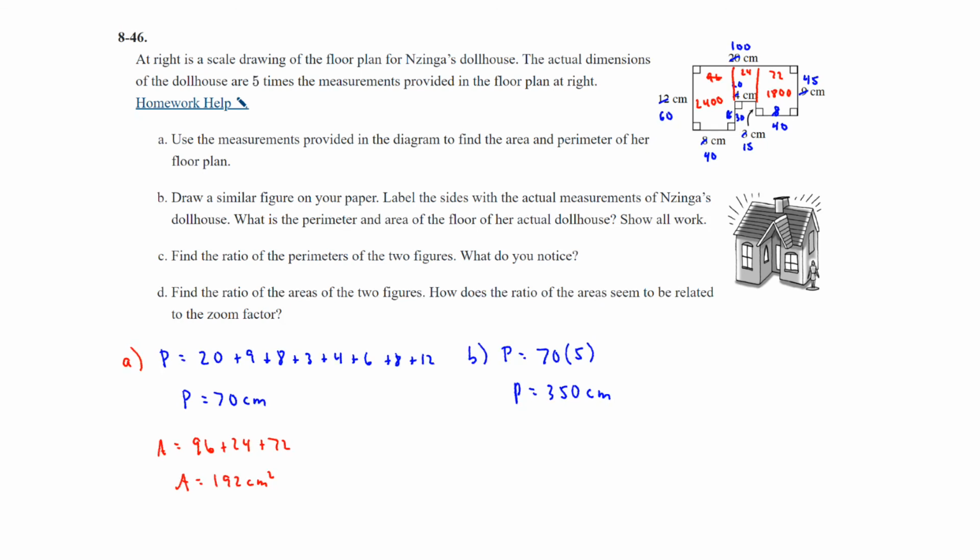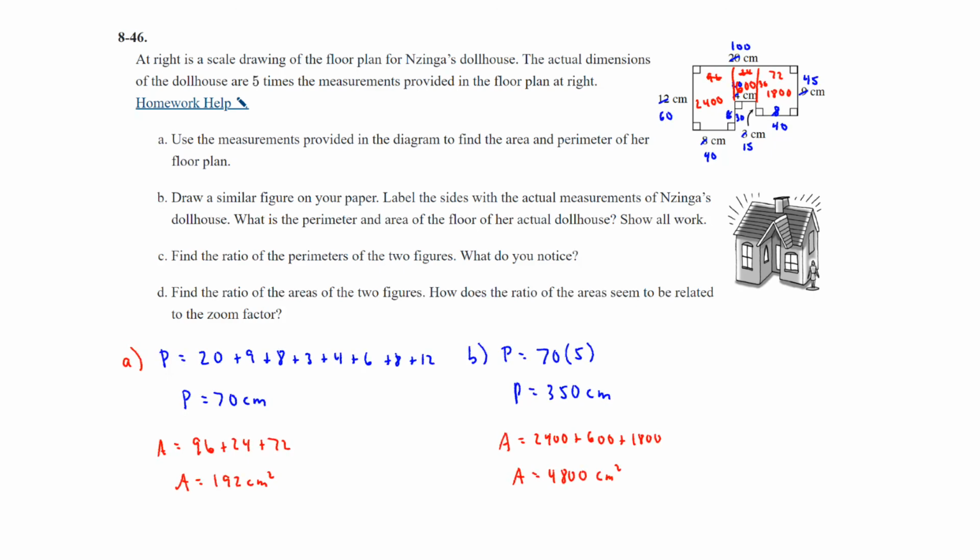Oh yeah, I don't have it labeled, but it was a 6, so 6 times 5 would have been 30. So 30 times 20 would put us at 600 in that spot right there. So now we have an area of 2400 plus 600 plus 1800, which is equal to 4800 centimeters squared.